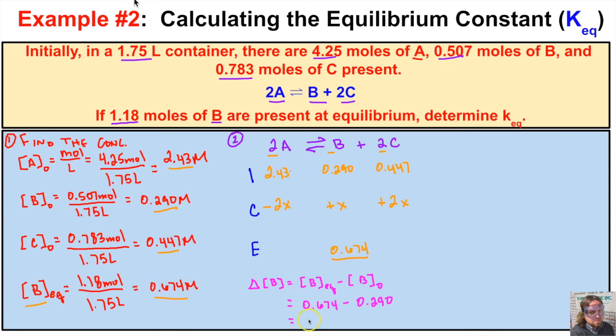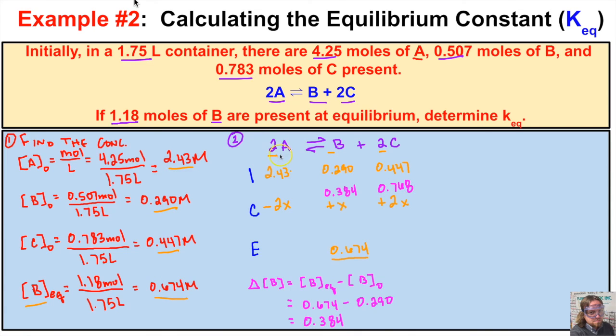And when we put this in our calculator, we're going to end up with a change in concentration of 0.384. So X is equal to 0.384. So the concentration of B is going to increase by 0.384 moles per liter, and so the concentration of C is going to increase by 2 times this, so 2 times 0.384, and we'll end up with 0.768.